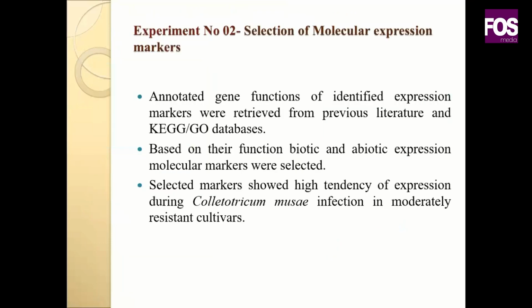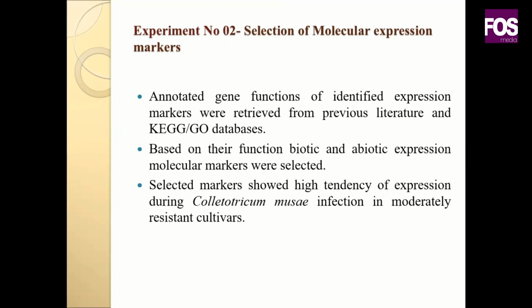For our further study, we selected upregulated clones. Then as a second experiment, for selection of molecular expression markers, the annotated gene functions of identified expression markers were retrieved from previous literature, and the KEGG database was also used as a bioinformatics tool. Based on their function, biotic and abiotic expression molecular markers were selected.